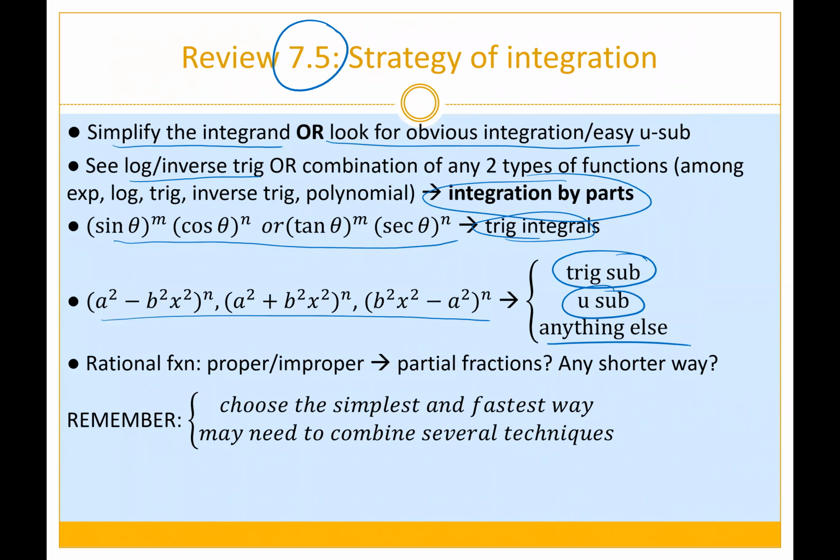And maybe something else, like the very basic relations in trigonometry, like sine squared plus cosine squared is 1, or secant squared is equal to 1 plus tangent squared, those kinds of stuff. Then if we have rational functions, the first thing that usually comes to mind is partial fractions. But I would say always be careful here.